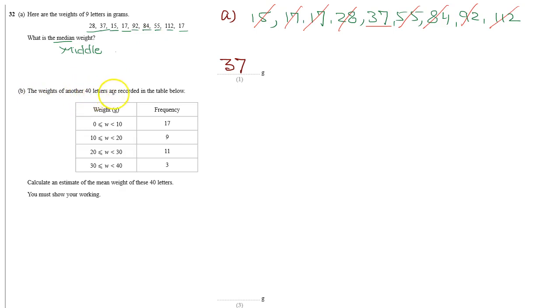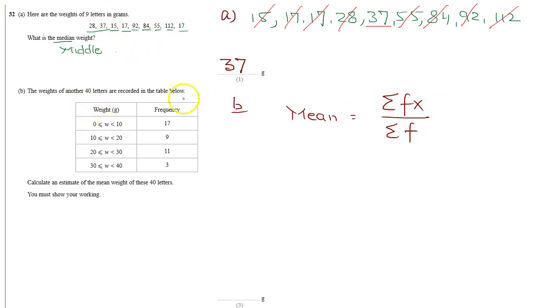The weight of another 40 letters are recorded in the table. Find the mean weight. You must show your working. This is part B. You know that mean is sigma fx over sigma f.